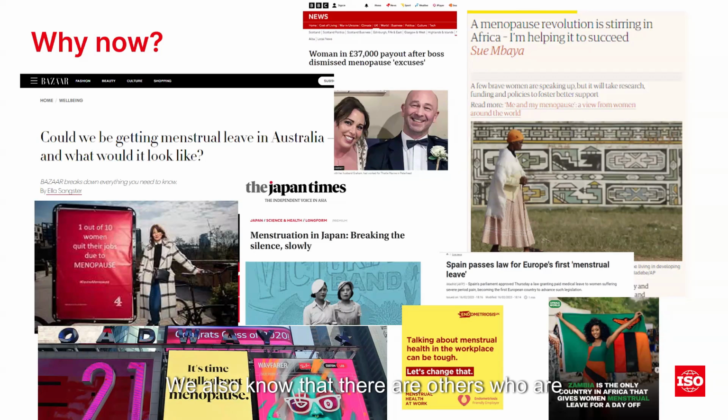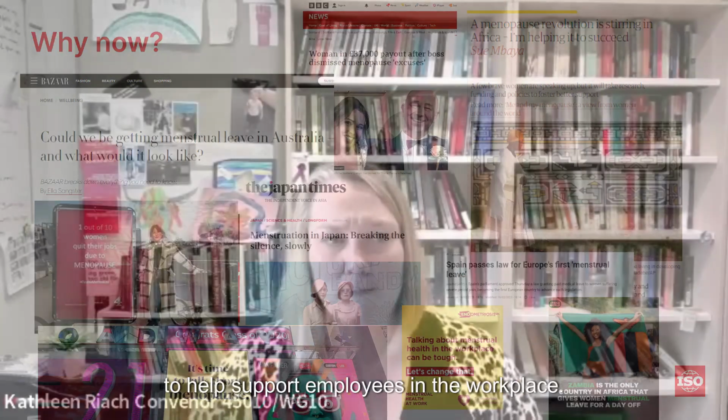We also know that there are others who are behind, but most importantly, there are particular dynamics happening in the world geopolitically that are actually taking us back from a position of neutrality in this. So at the moment it's a really timely and interesting time to start thinking about this, and really important in terms of what a standard can provide in terms of being expert-driven and evidence-based around what works best to help support employees in the workplace.